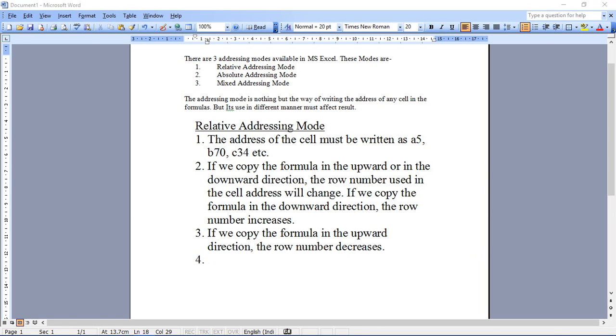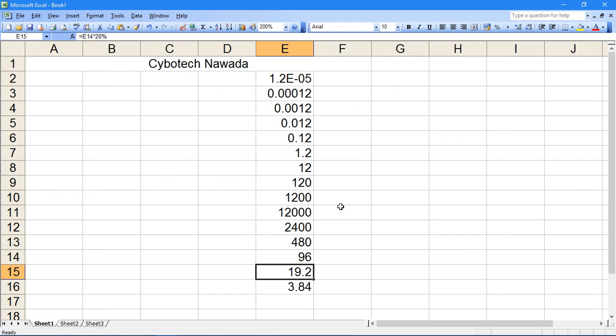Actually, this is beneficial in many cases, such as suppose here in Sheet 2, there is an employee ID, there is the amount that is collected by different employees.